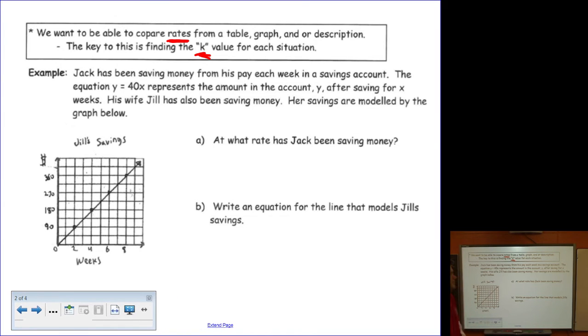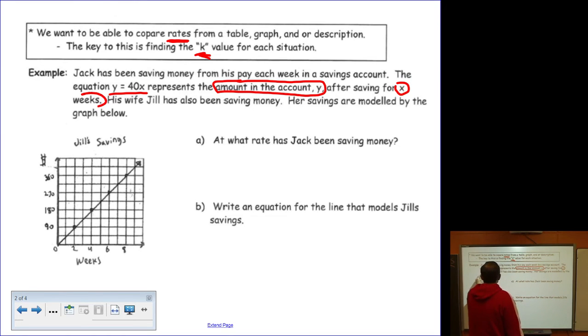Jack has been saving money from his pay each week in a savings account. The equation y equals 40x represents the amount in the account, y. So the y value is how much is in the account after saving for x weeks. So my x value is weeks, my y value is the savings in the account.